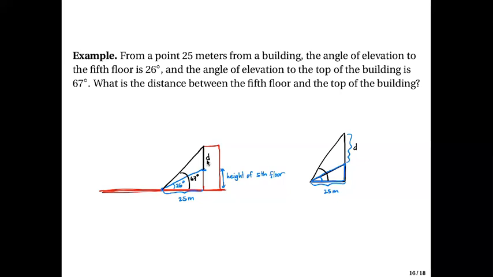So what we're going to do is first find the total height of the building. And the second thing we need to do is find the height of the fifth floor from the ground. And once we know those two, we can get the value of D. So let's do that.